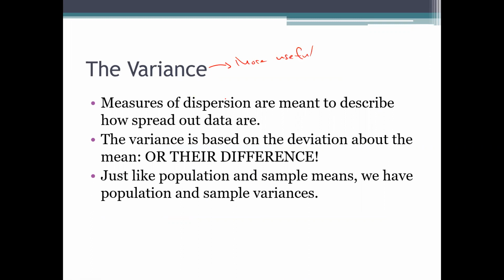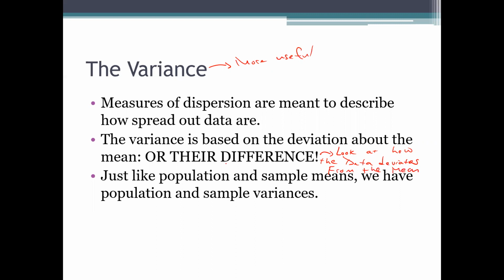Measures of dispersion are meant to describe how spread out the data is. The variance is based on the deviation about the mean. What the variance looks at is how the data deviates from the mean, from the average value.